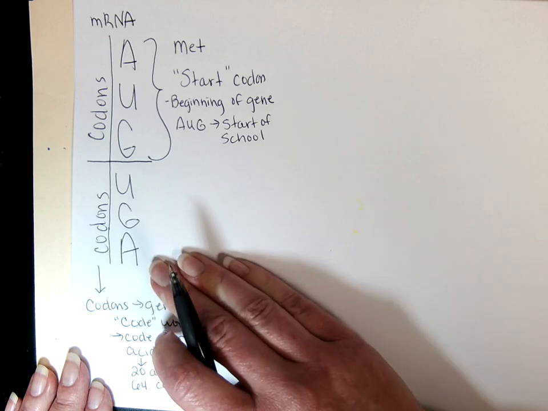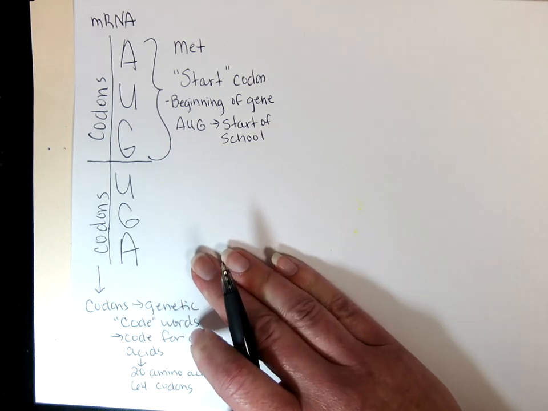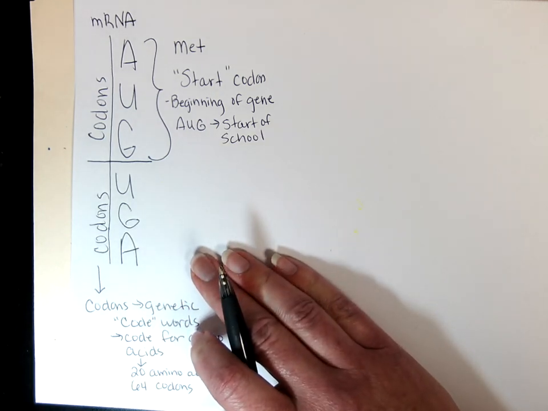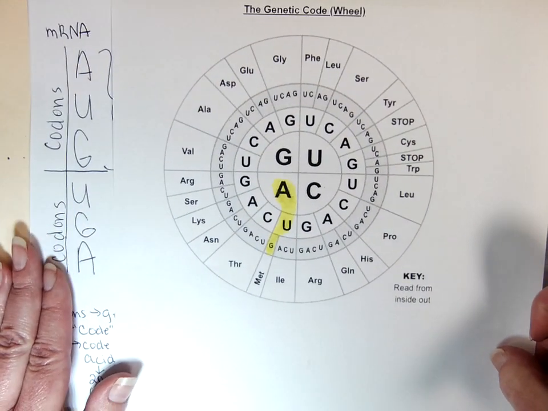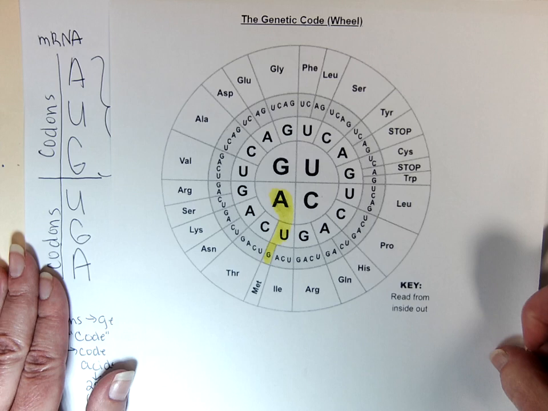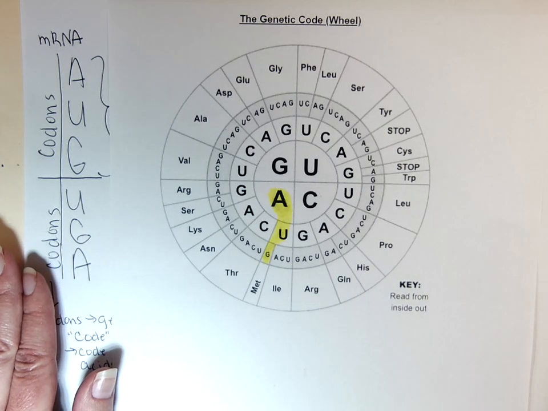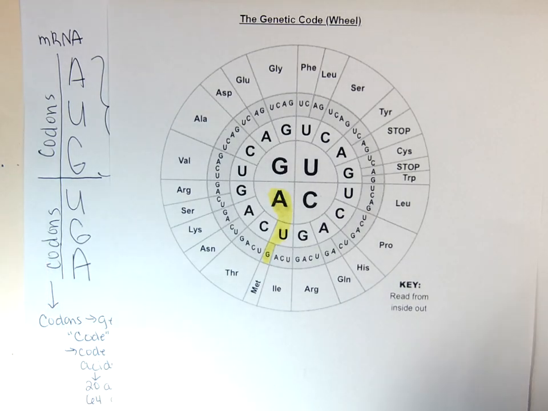Okay, we have one other little codon here that we'll play around with. I'm going to go back to my genetic code wheel, and now I'm going to find UGA.